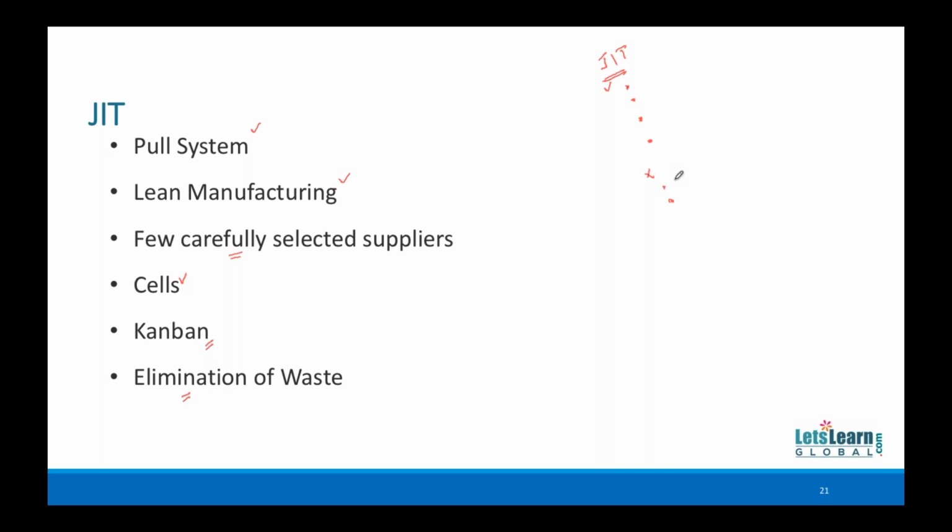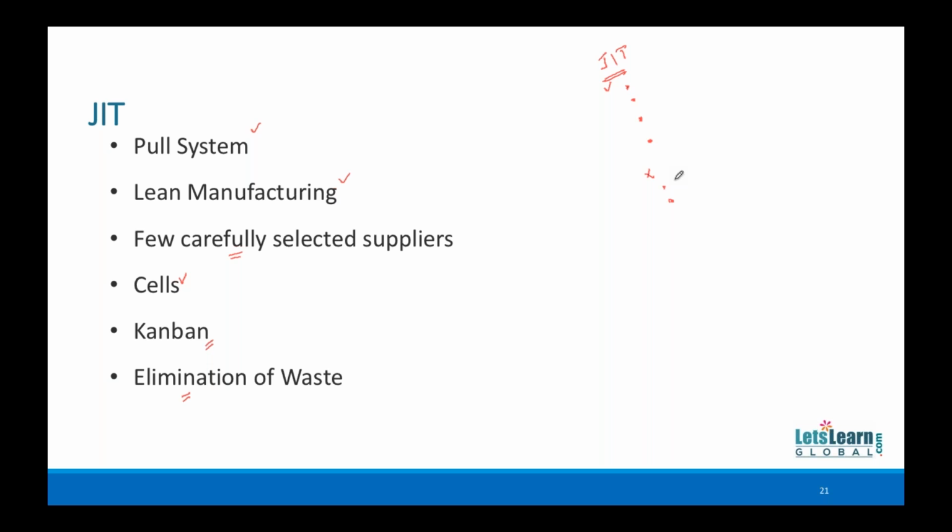But in a JIT environment, we say, dear supplier, you are supplying the material, you have to take care of the quality; I am not checking the quality. Say the AC in the car is not comfortable. The customer will blame the car company. He cannot blame the supplier of the AC. That's one of the disadvantages.